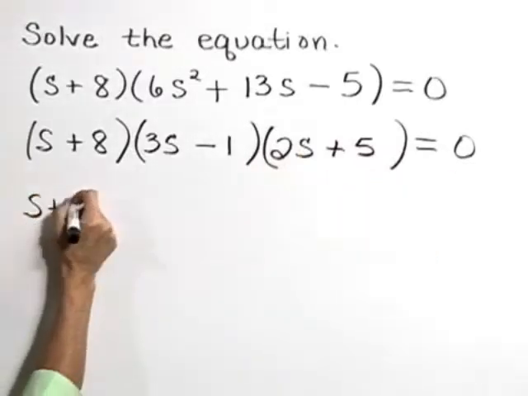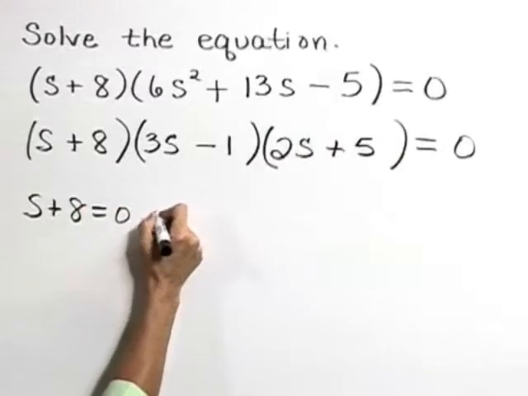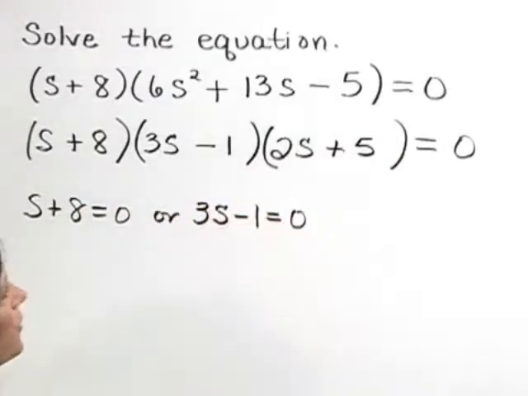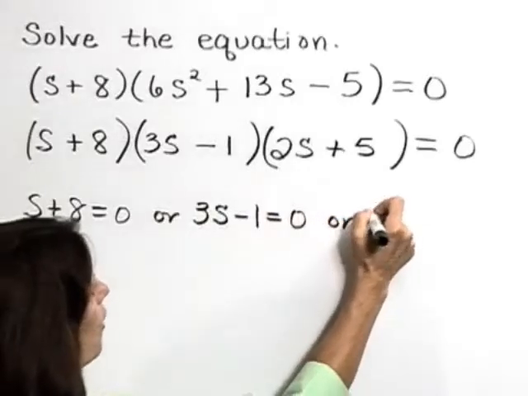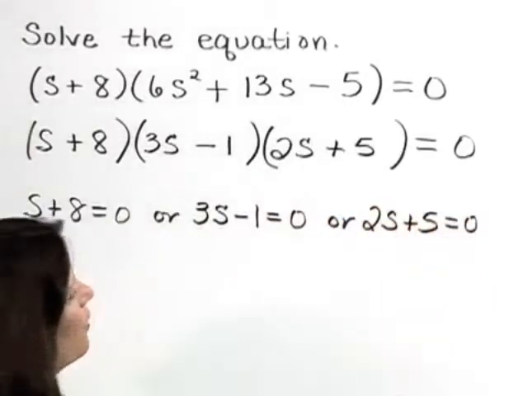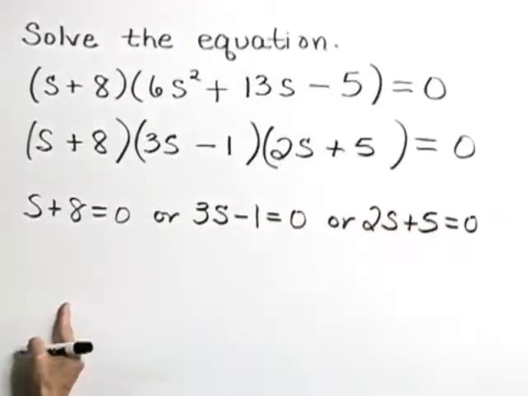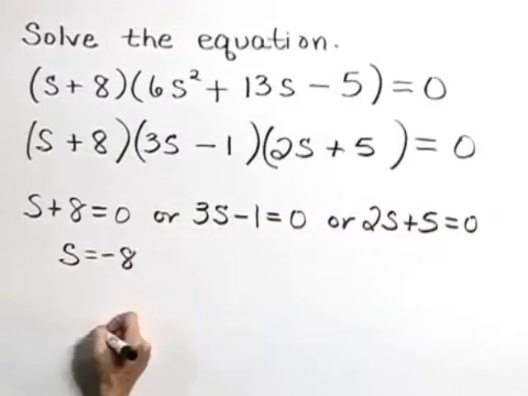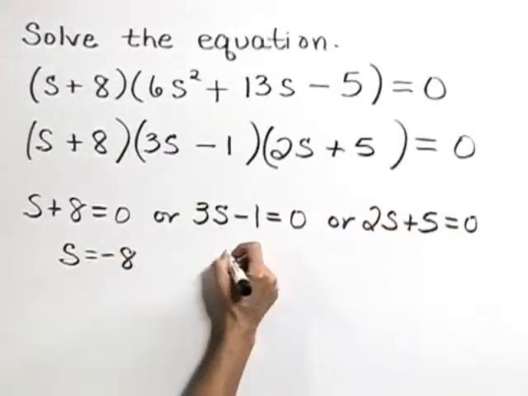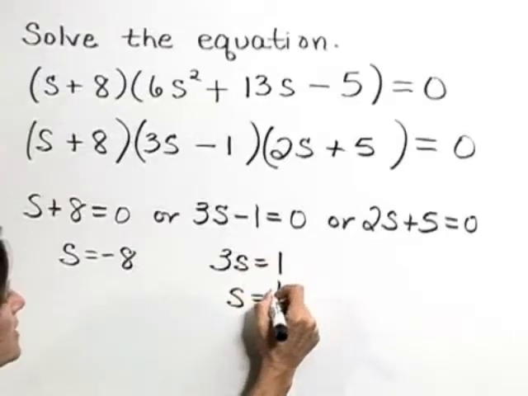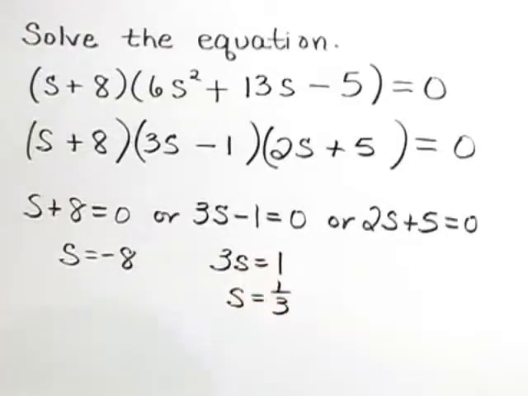So s + 8 = 0, or 3s − 1 = 0, or 2s + 5 = 0. Now solving each linear piece gives s = −8, 3s = 1, or s = 1/3.